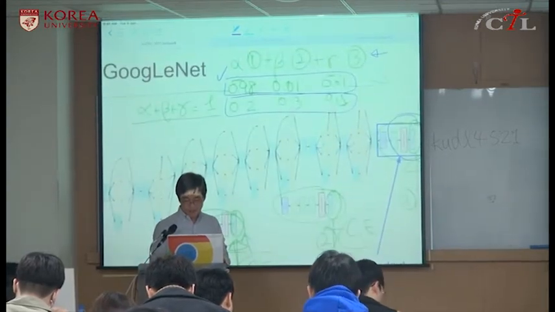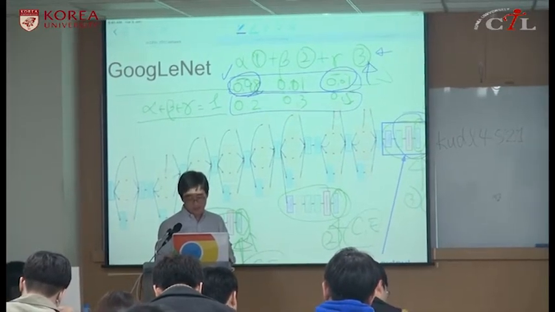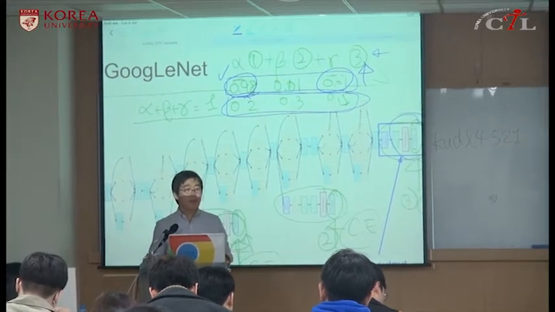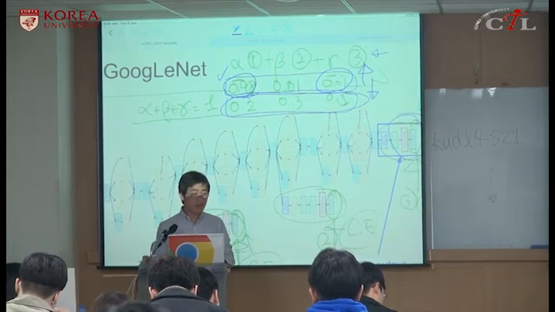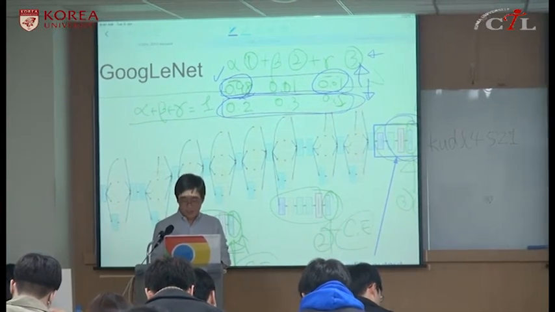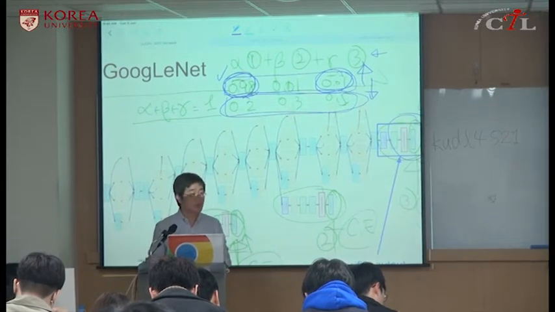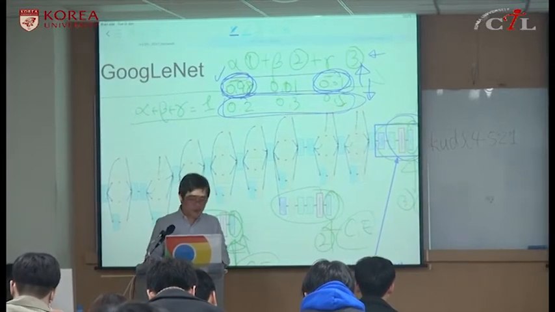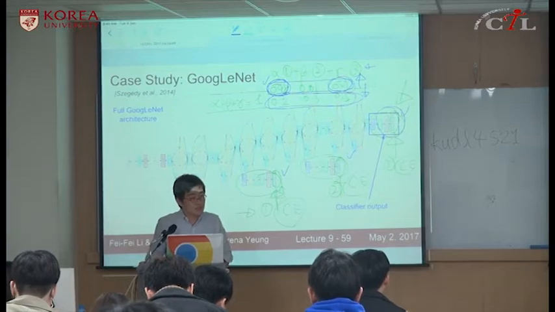Then you gradually decrease these values and increase these values, so that during a single set of gradient descent iterations, you change these hyperparameters in a way that these values become larger and larger, and this becomes smaller and smaller, right? So that is another kind of strategy, using all the losses produced at different positions.